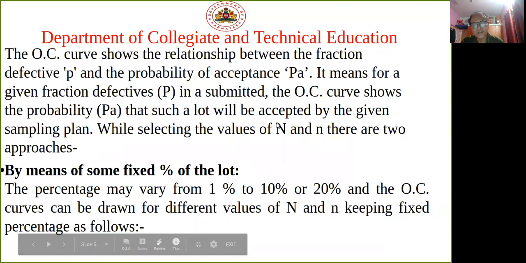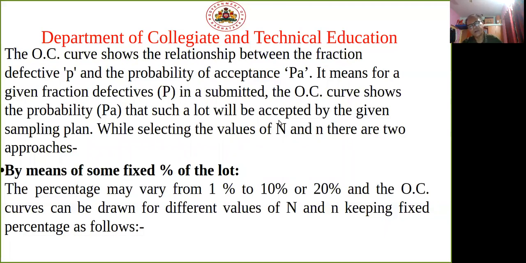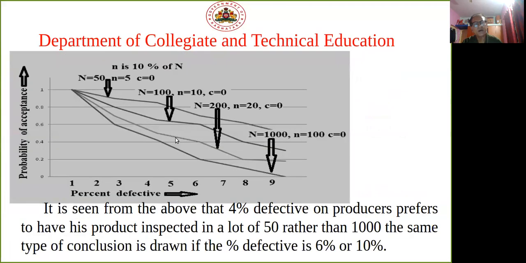This fixed percentage should be from 1% to 10%, or sometimes we can go for 20%. So that is the first way of constructing the OC curve.